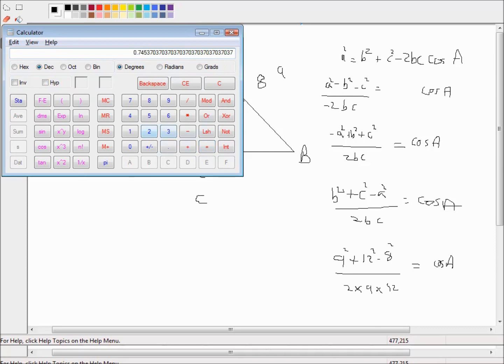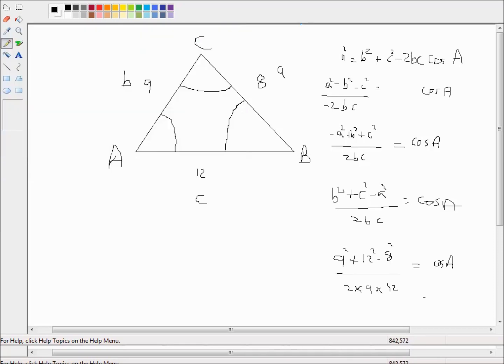So now all I need to do is get the inverse cosine, or the arc cosine, and that's 41.8 degrees. So angle A is equal to 41.8 degrees.